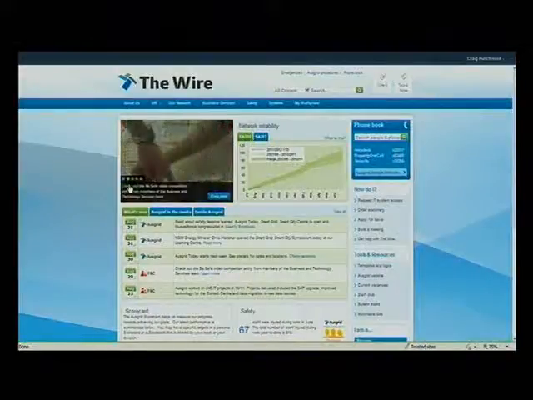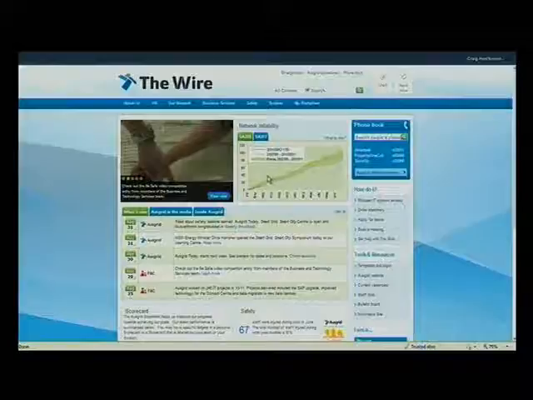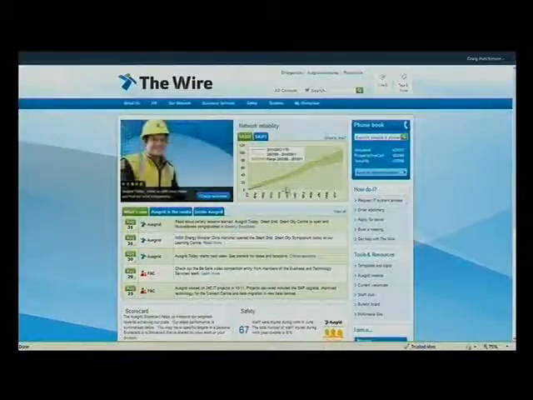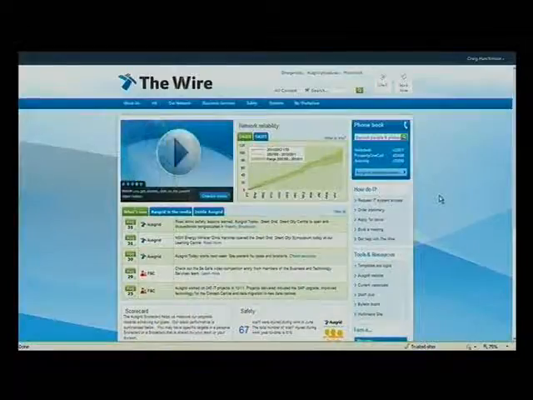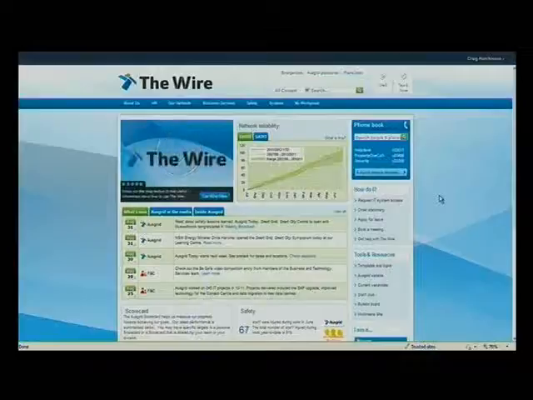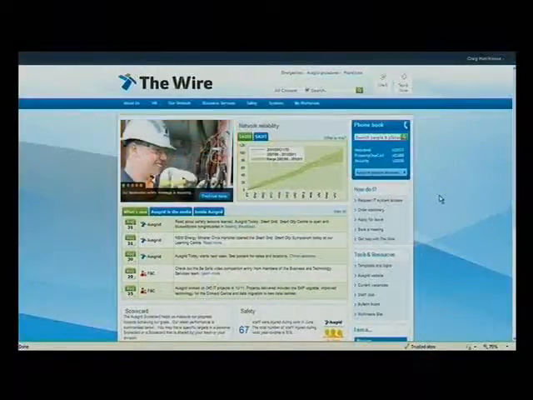We have some core network reliability metrics which are driving into our homepage. Two metrics there around SAIDI and SAFE, which really are the crux of our company and why we do what we do in terms of providing reliable electricity and minimizing the number of outages and the duration of those.